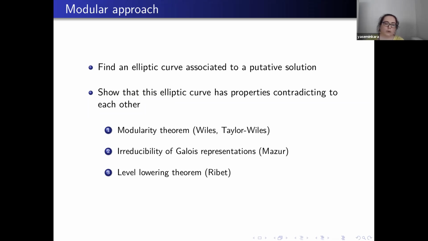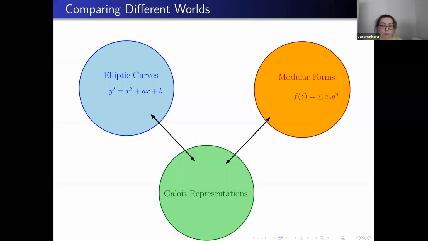Okay, actually this proof brings together different fields of mathematics, which might seem, first of all, unrelated. And we have some objects which are very important for the proof. One of them is elliptic curves, the other one is modular forms, and the other one is Galois representations.